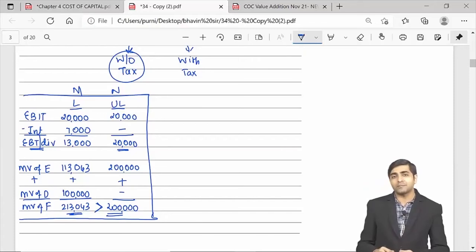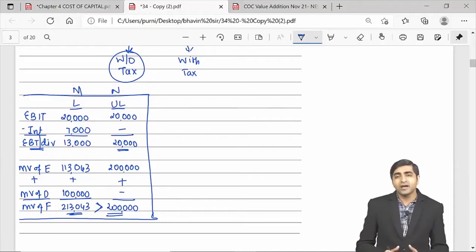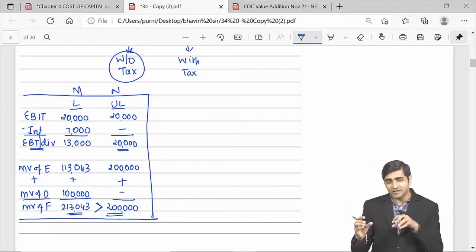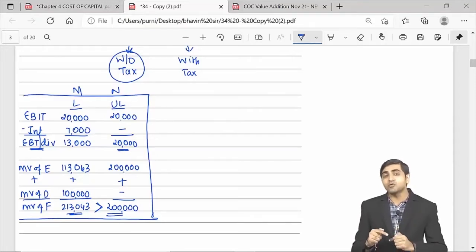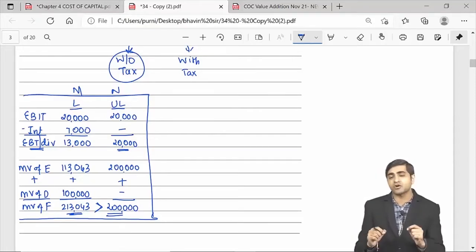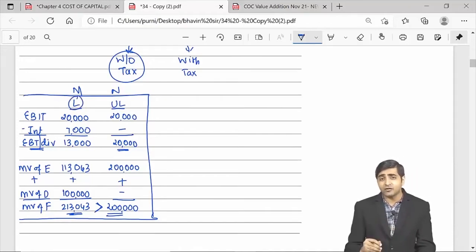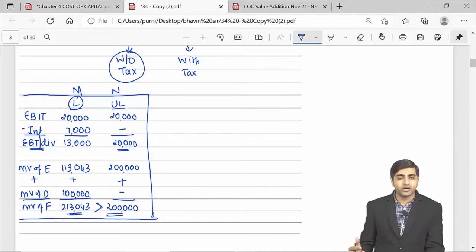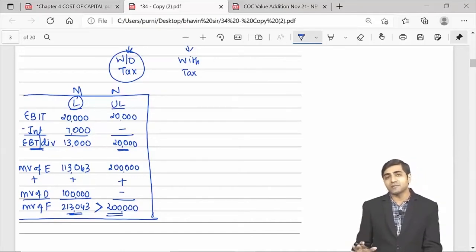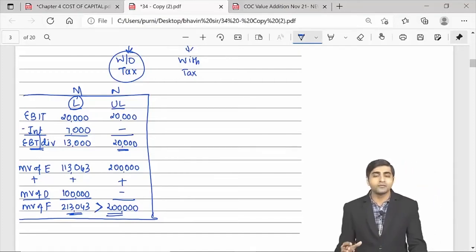In that case, you will start receiving dividends from the unlevered company, and you will subtract the interest cost, because you have to take some amount of loan in the same proportion as the levered company, and you will pay interest at the same rate. Whatever is your net amount, you subtract your opportunity cost, and that's how you get the final arbitrage profits, which means you can shift your investments from levered to unlevered company. For sure you will be earning profits.